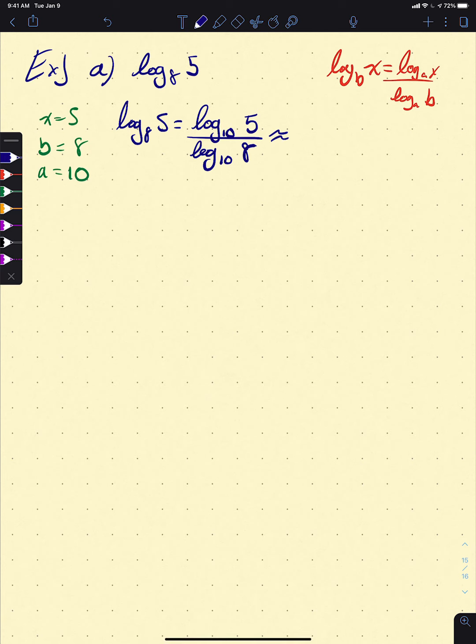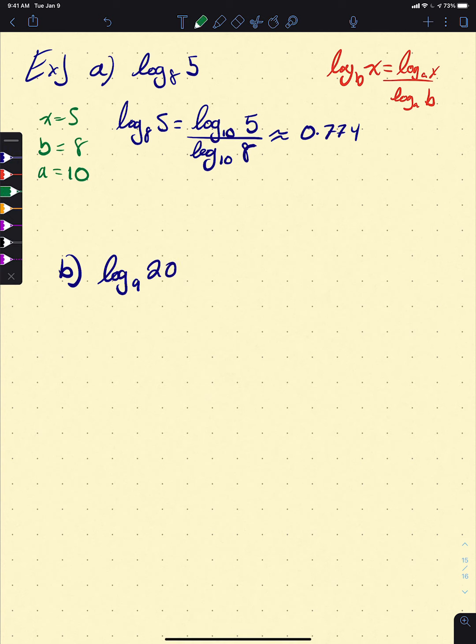And if you were to punch this into your calculator, now that we have this in the language of log base 10, you're going to get about 0.774. One more of these. Let's say we're looking at log base 9 of 20.